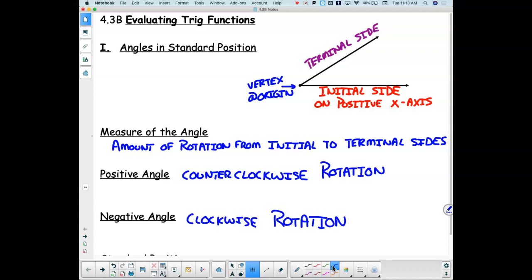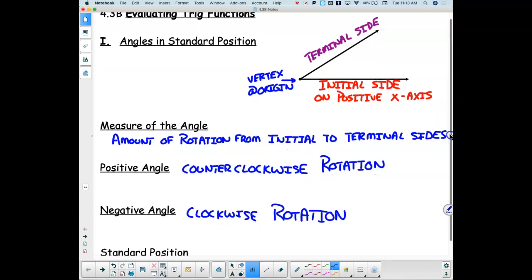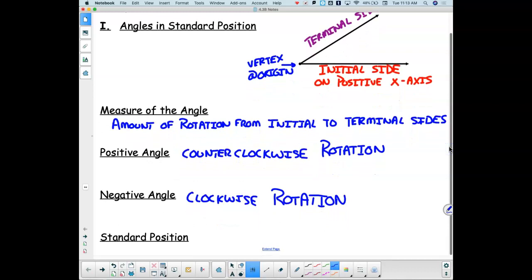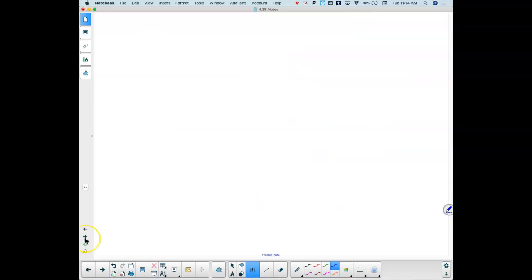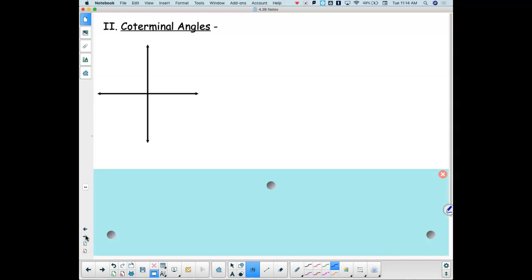So if it's in standard position, then our initial side is on the positive x-axis, our vertex is at the origin, and our terminal side is somewhere else. And then that tells us what the angle is.